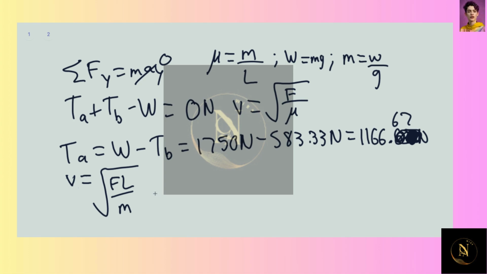The mass is equal to the weight over gravity. So if we're dividing by mass, we have the force times the length of the wire times the acceleration due to gravity, all over lowercase w, the weight of that wire.